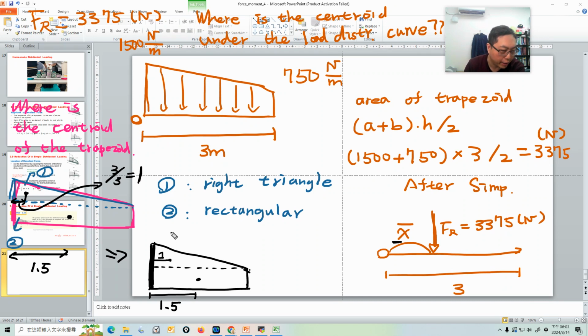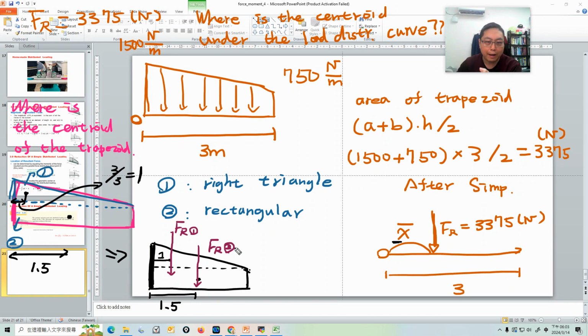Here we'll have FR1, and here is FR. Right now we have divided the trapezoid into two shapes, a rectangle and a right triangle, and we have also located their centroids. Then we use this information to find the resultant force. Where is the resultant force, x bar?